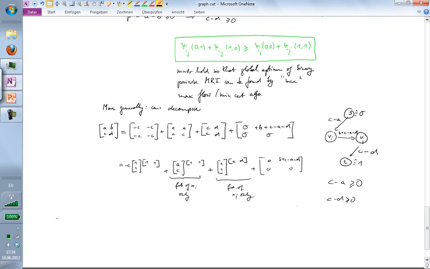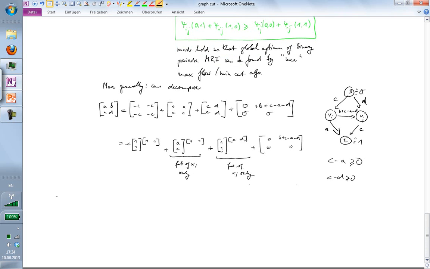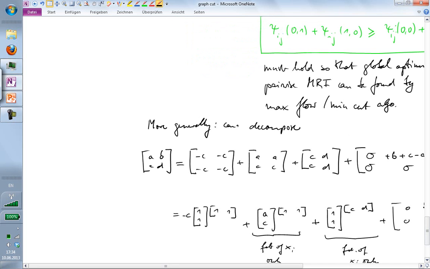Okay, so here is one graph that I constructed, but it was still asymmetrical. Let me draw it again, because the middle edge is going in one direction and not in the other. And I want to understand this asymmetry better. The decomposition that I showed here was not unique.